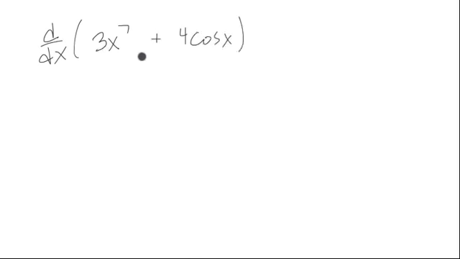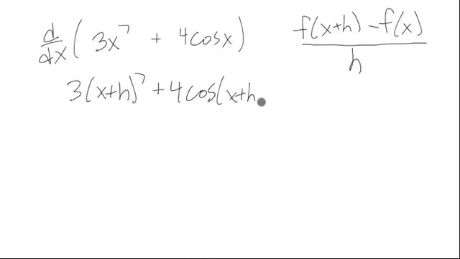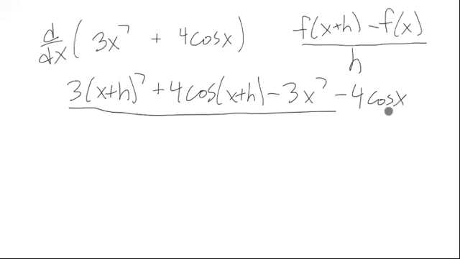Okay, so we follow this format where we find the rise over the run, and we plug in x plus h into the function here, and we get 3 times (x plus h) to the 7th plus 4 cosine (x plus h), and then we subtract off, distributing the negative through here, 3x to the 7th minus 4 cosine x. And all that's over h.